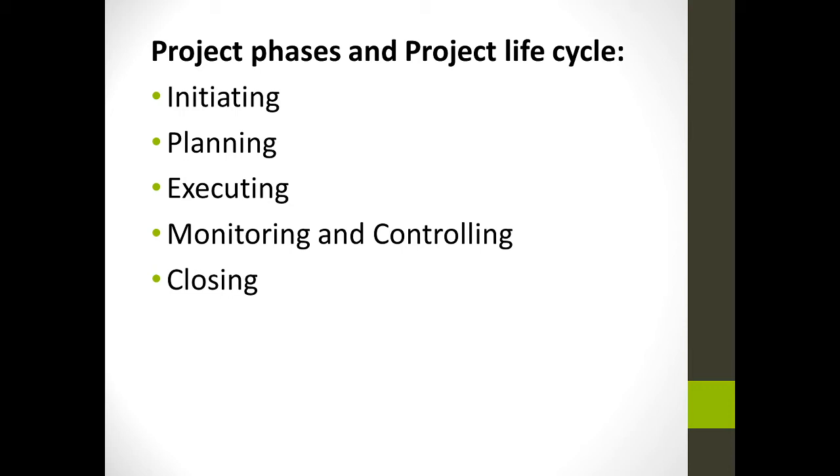Third is executing. You got some requirements, you planned to complete those requirements. Now your work actually starts here in execution. You have to execute your plan, whatever you roughly designed in the planning phase.